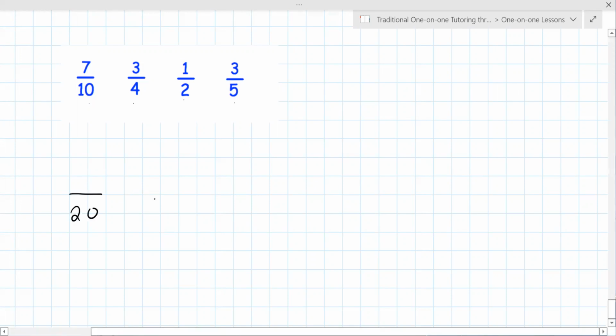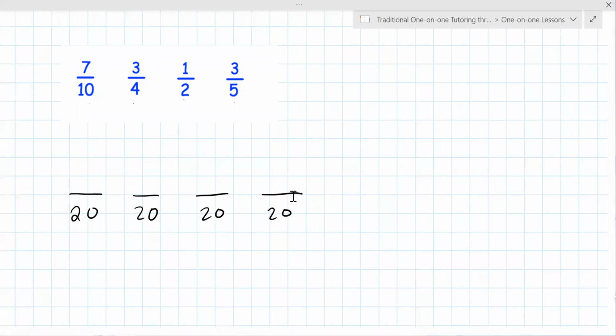So we'll put them all over 20. Can you tell me the new fractions for each of them, please? The 7 would be 14. Good. 15 over 20 would be 3.